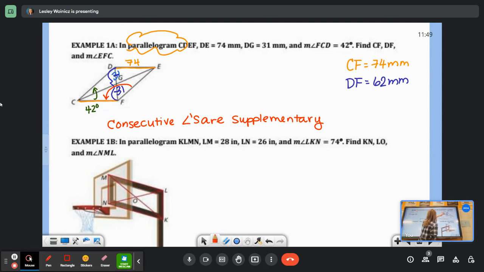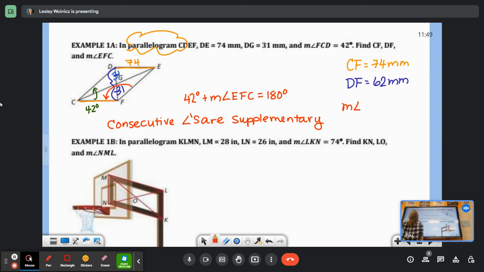Okay, so it's going to be 42 plus the measure of EFC equals 180. So what's 180 minus 42? 138.